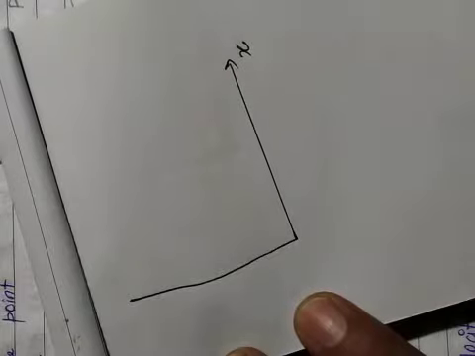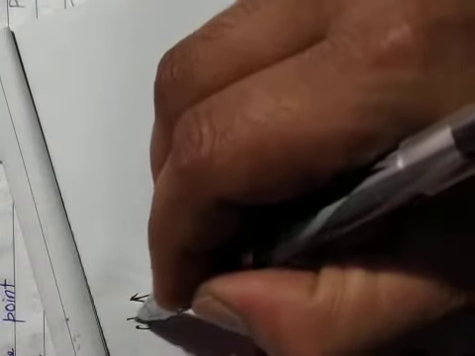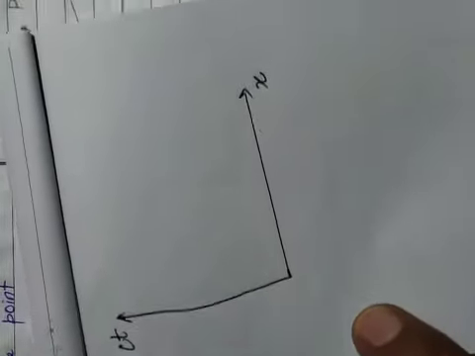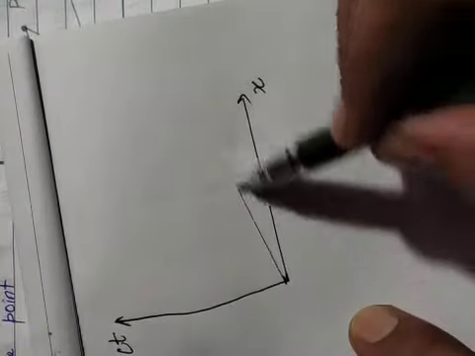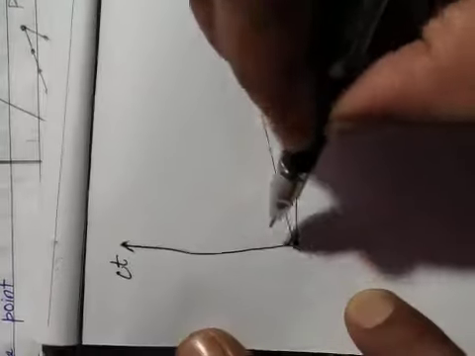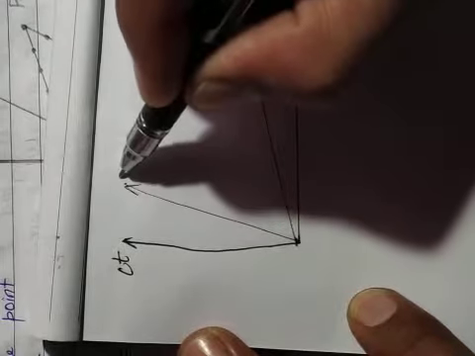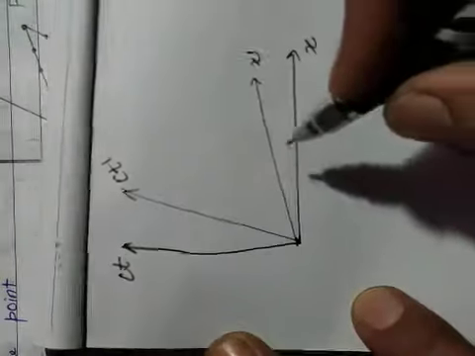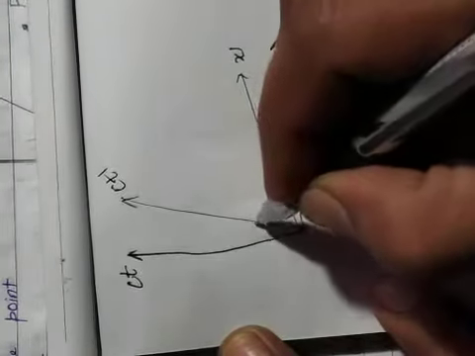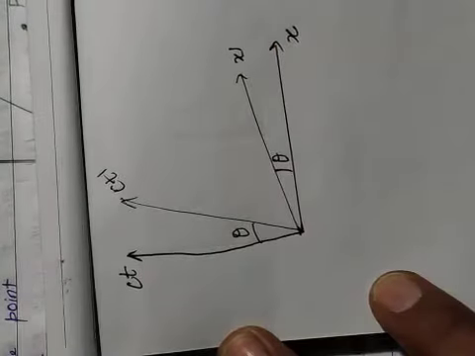Now, one more example. This is my CT axis, this is my x axis, and similarly this is my x prime line and this is my CT prime line. This angle is theta, and this angle is also theta. I deduced this result already.